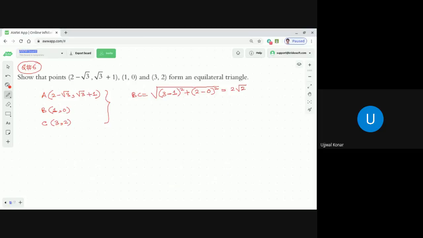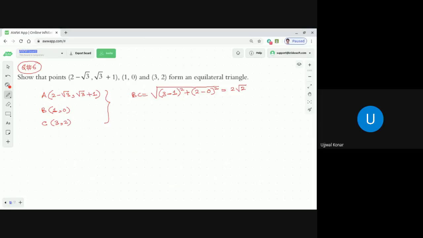Now, your target should be that if I find AB, it should also be 2 root 2. But as in the point A there is an irrational number, you need to be a little cautious. Your end result should be 2 root 2. If you are not getting 2 root 2, then you should recheck.